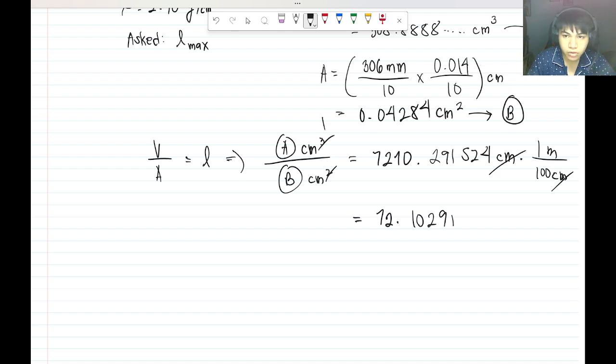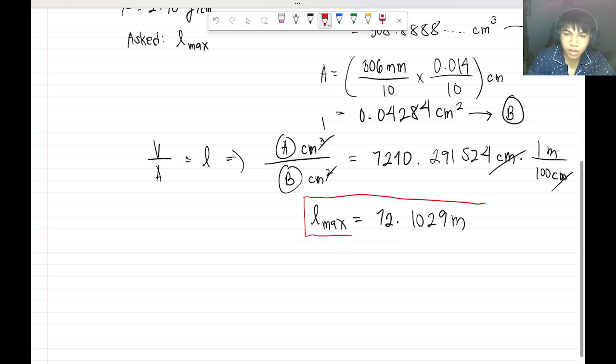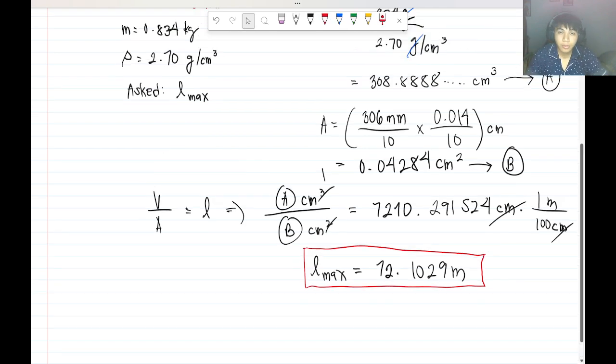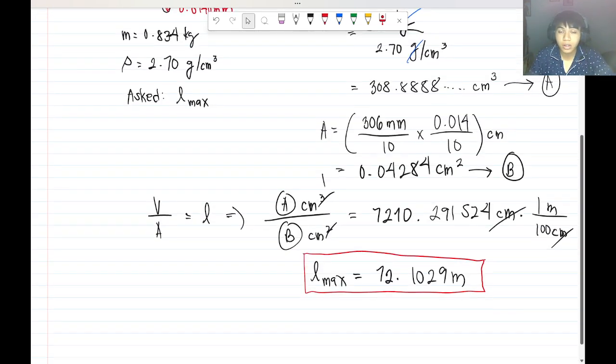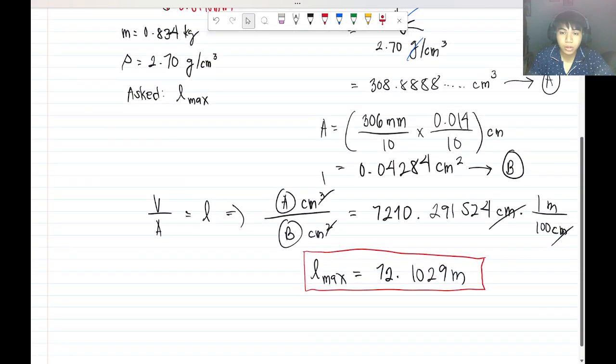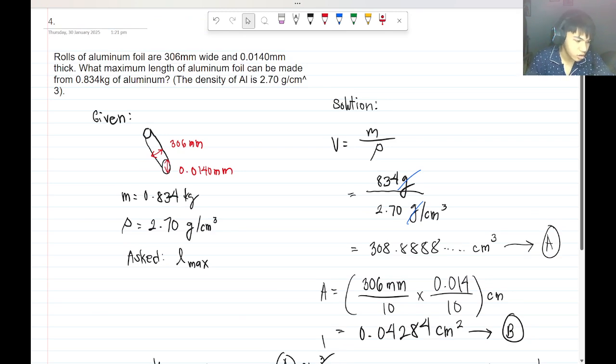Yeah, meters. So this is the maximum length. So the maximum length of the aluminum foil is 72.1029 meters. That's quite long. And yeah, this is for problem number 4.